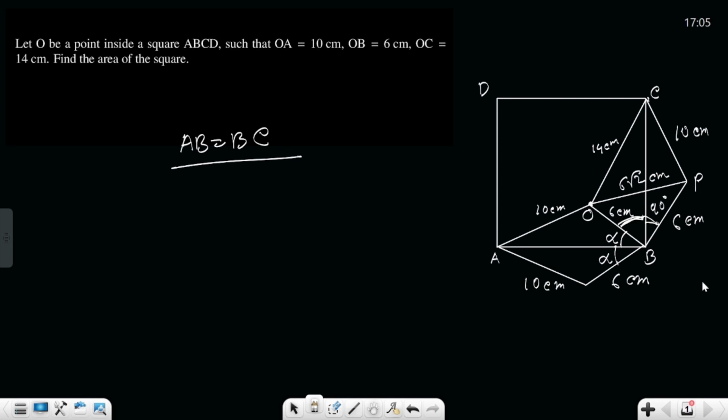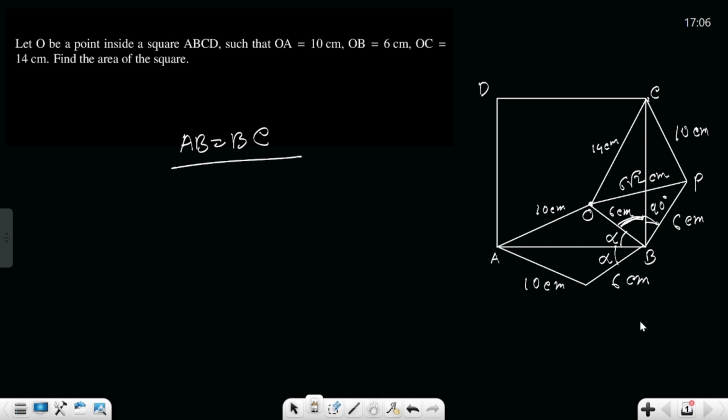Understand clearly, because this is a conceptual question. You should do this type of questions. I hope you are clear with the logic of this. OB is equal to BP is equal to 6 centimeters and this is a right angle triangle, so OP is the hypotenuse, which is equal to 6 root 2 centimeters.